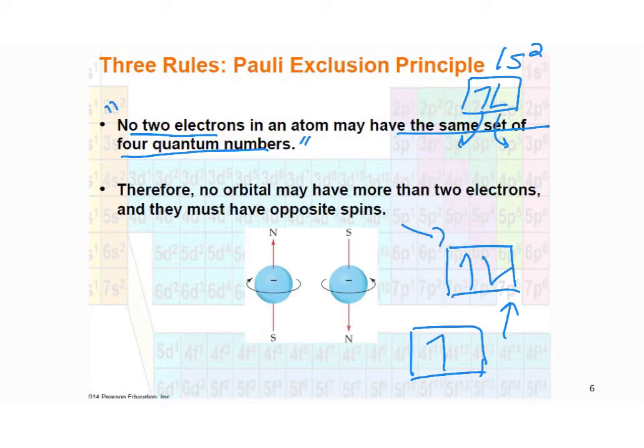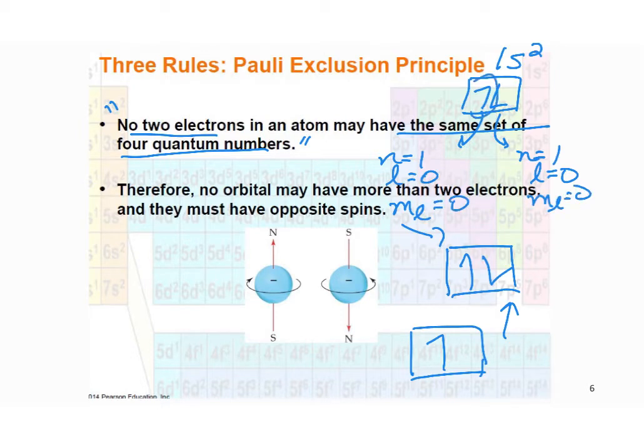So I'm just going to show you the quantum numbers for each of these 2 electrons. They are both in energy level 1, so n equals 1 for both of these electrons. They're both in an s orbital, so L equals 0 for both of these. Anytime L equals 0, m sub L must also equal 0.